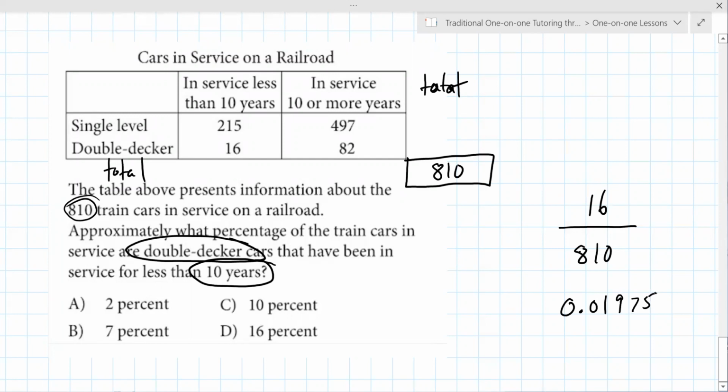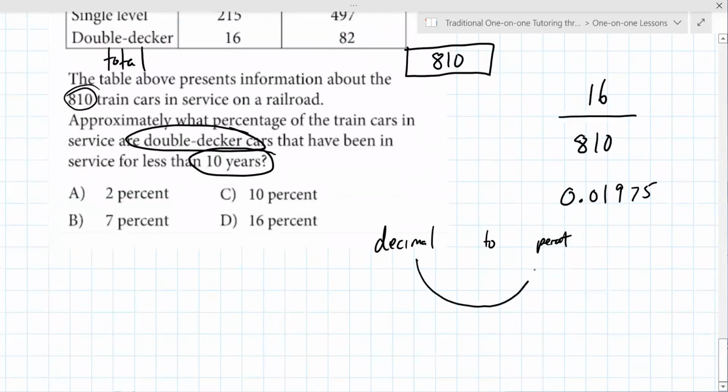So how do you convert from a decimal to a percent? If you go from percent to a decimal, you divide. Since we're converting decimals to percent, you multiply by 100. So I need you to multiply this number here by 100.